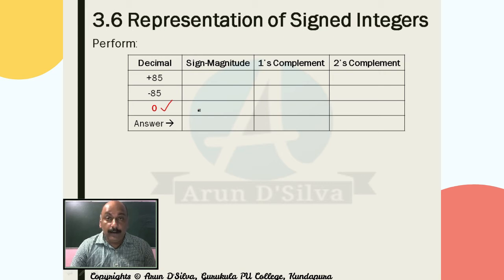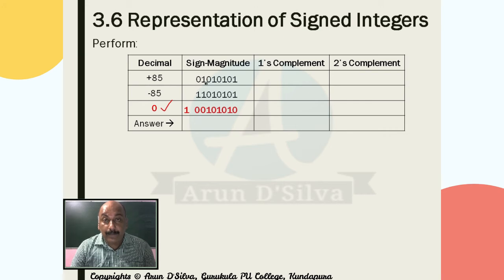We learned it and we know how it becomes 0. If you add a positive number with a negative number of the same value, the result is 0. This is a known truth.